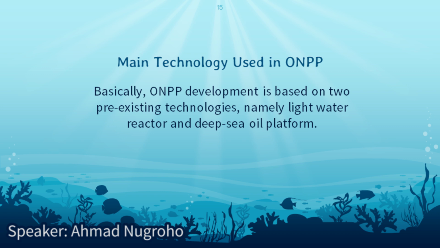The light water reactor is a type of thermal neutron reactor that uses normal water, as opposed to heavy water, as both its coolant and neutron moderator. Furthermore, a solid form of fissile element is used as fuel. And the deep sea oil platform is a large structure with facilities for well drilling to explore, extract, store, and process petroleum and natural gas that lies in rock formations beneath the seabed.